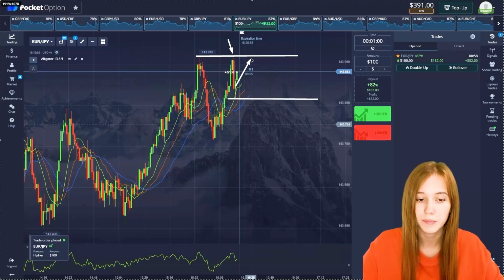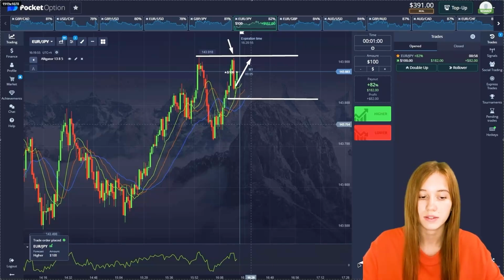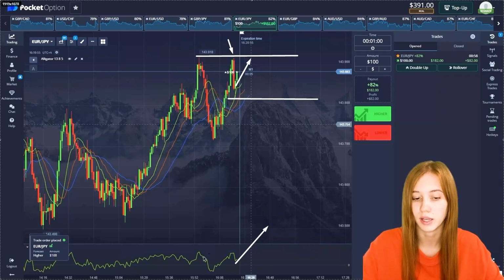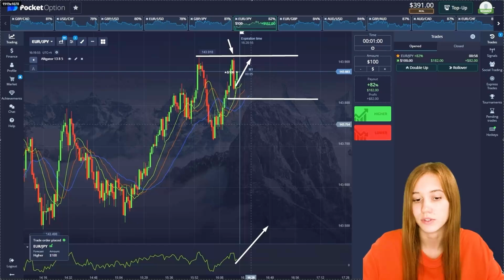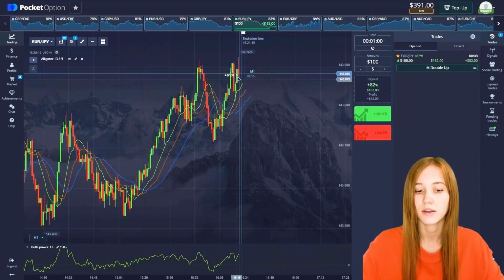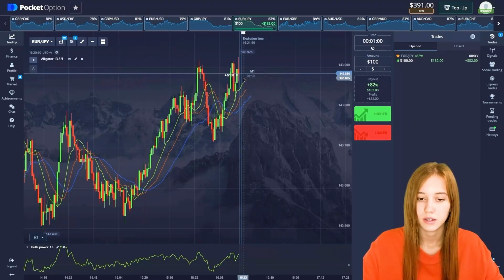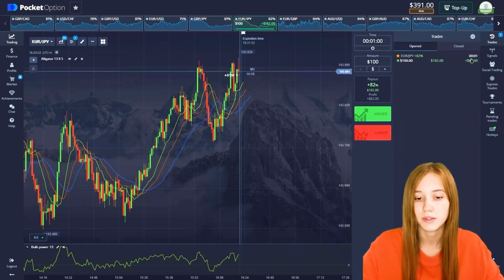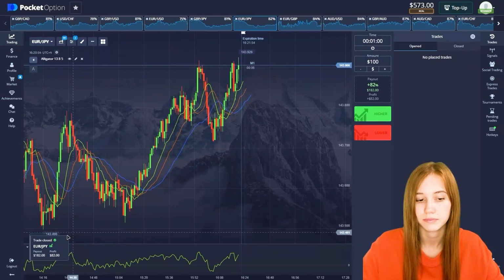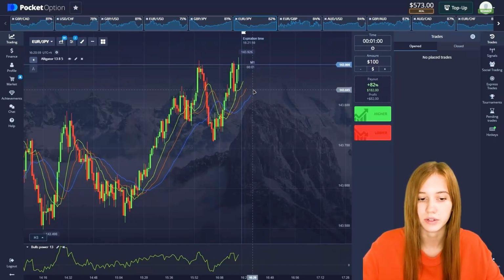According to the second indicator, we see the line is directed upwards. This is the fourth sign for opening upwards. Let's see the situation. And there are 10 seconds until the end of the deal. We open for an increase. A plus deal should be 4 seconds. And yes, plus deal, profit is $81.